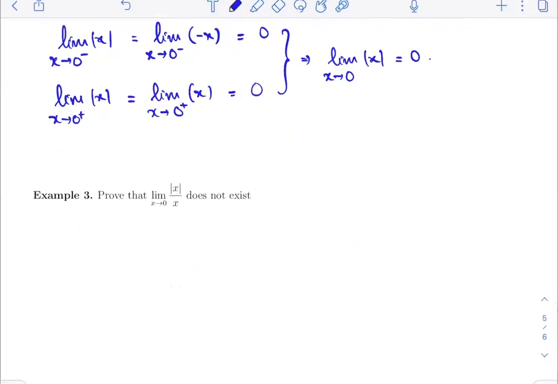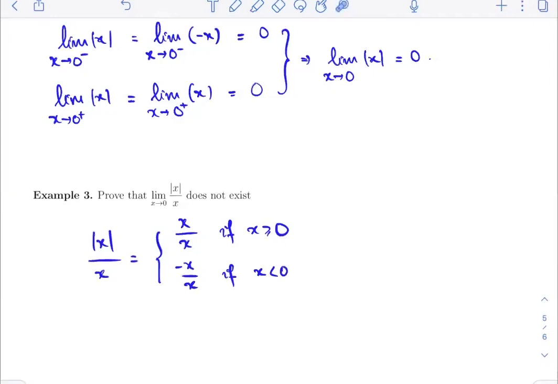That is, absolute value of x over x is equal to positive x over x if x is greater than or equal to 0, and equal to negative x over x if x is less than 0.